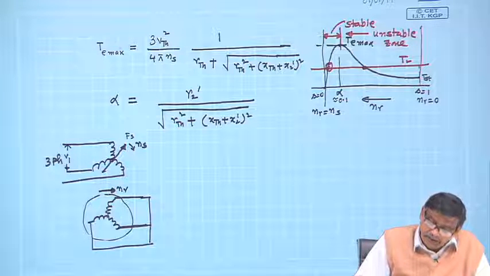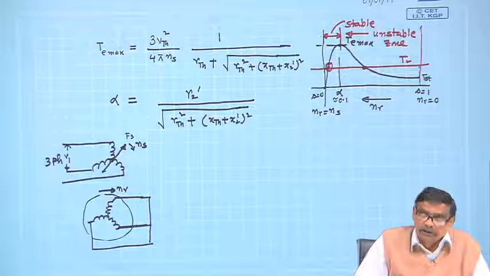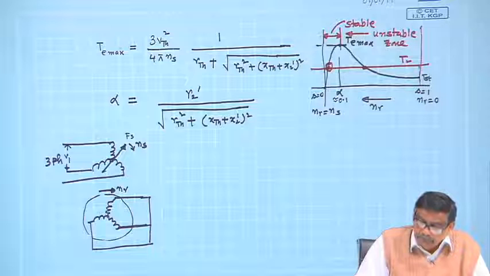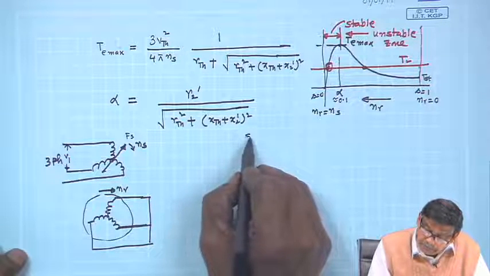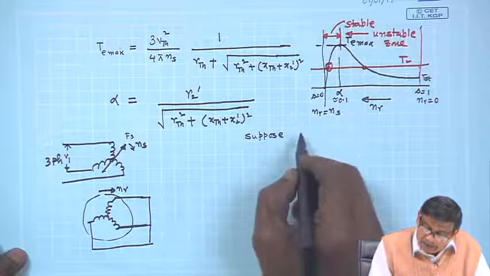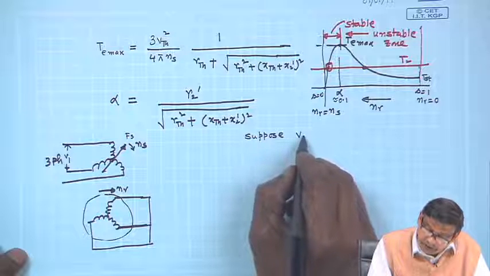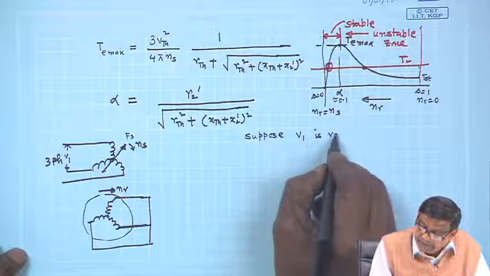Now, if you change the supply voltage, how the torque slip characteristics is going to modify, let us first examine. Suppose we vary the supply voltage, suppose V1, that is the supply voltage, is varied.